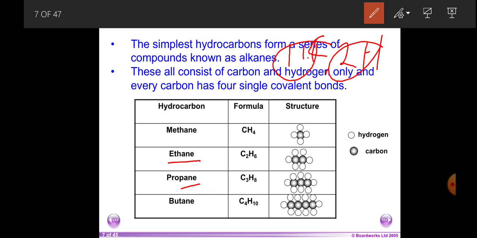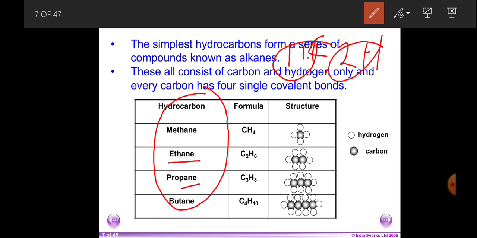For this reason, one member of these hydrocarbons differs from the next by a specific number. This specific number is 1 carbon and 2 hydrogens, and therefore they are said to belong to the same homologous series.